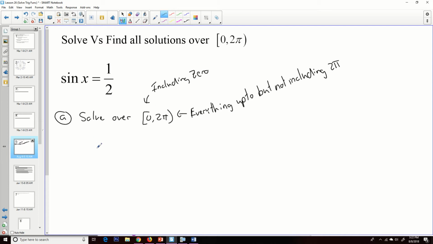And so our values for x that make that true are x equal to pi over 6 and 5 pi over 6.